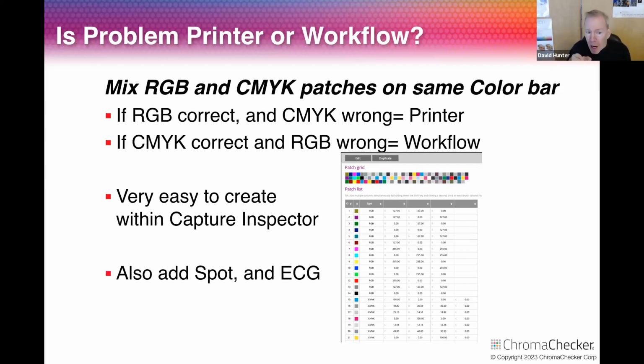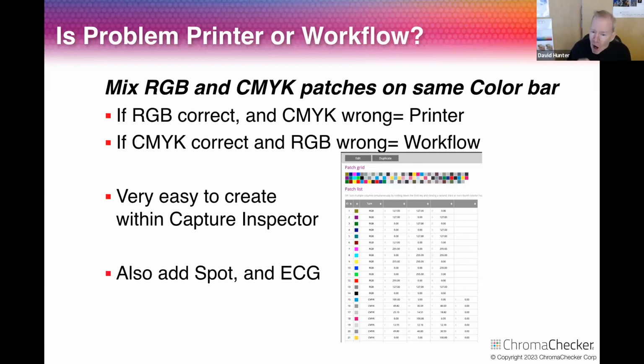But by having RGB independent of CMYK, if the RGB is correct and the CMYK is wrong, meaning the RGB passes but the CMYK values fail, that tells you something's wrong with the printing device itself.